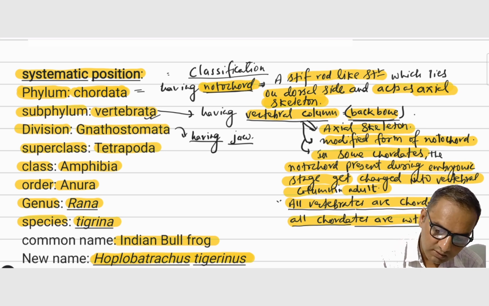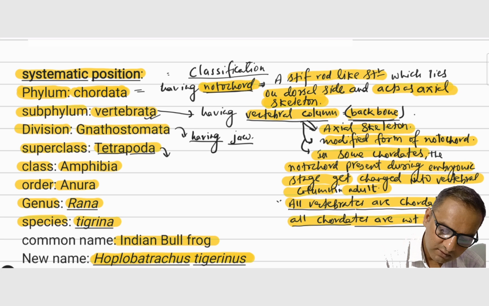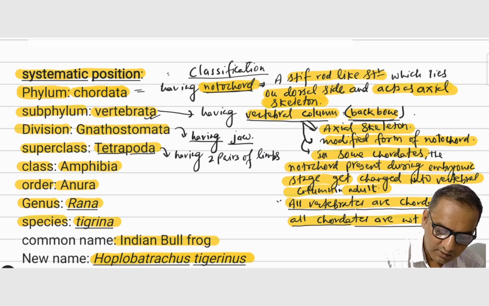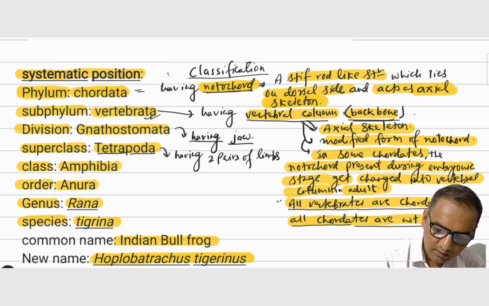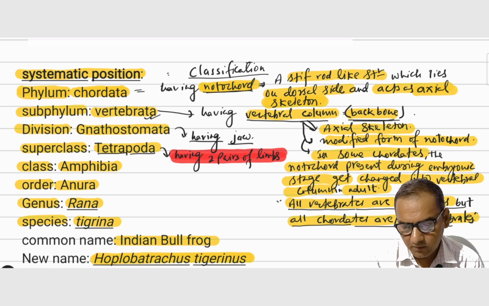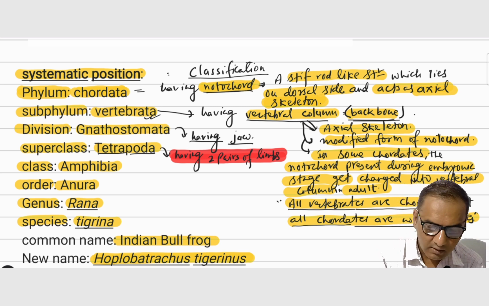The next term is Tetrapoda. Here tetra means 4 and podum means foot. So, it means having 2 pairs of limbs. 2 pairs of limbs means a pair of forelimbs and a pair of hind limbs.